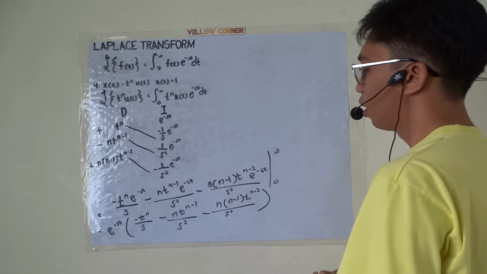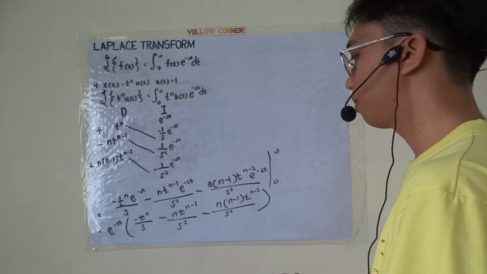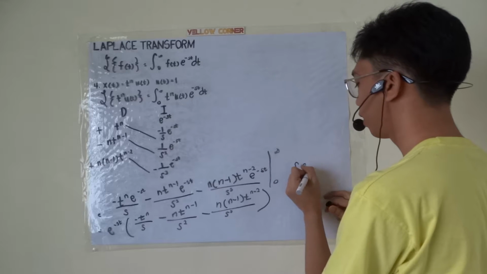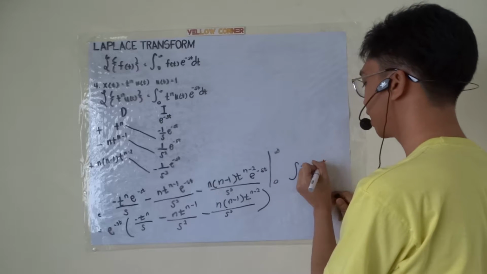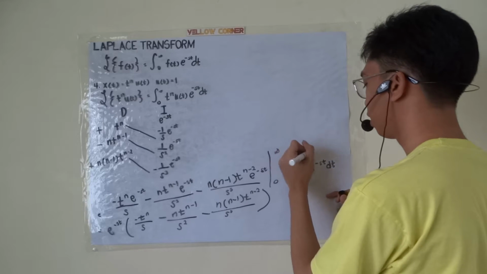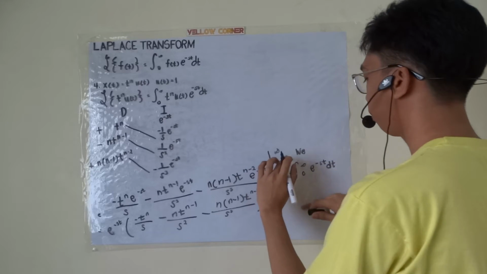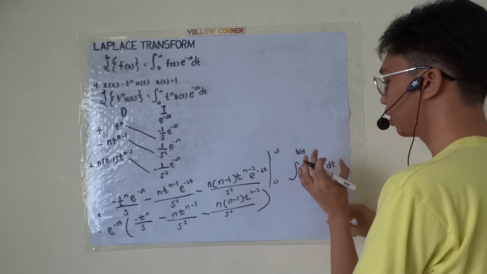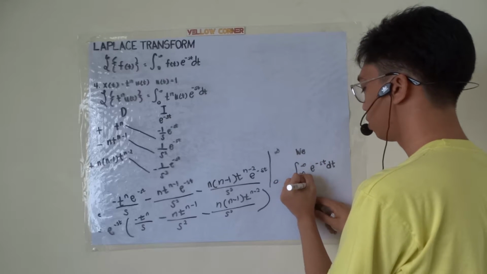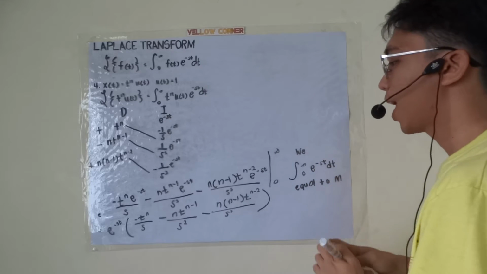And to simplify the equation, having these limits, we let the improper integral of e raised to negative st dt equal to m for the meantime.